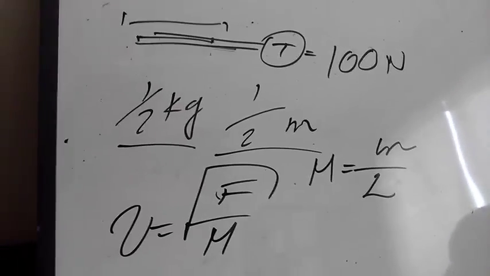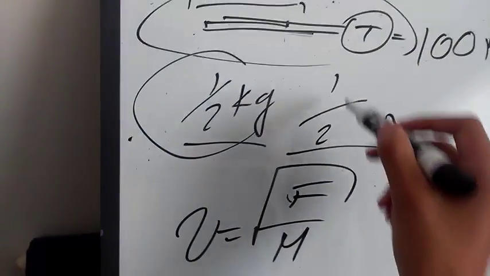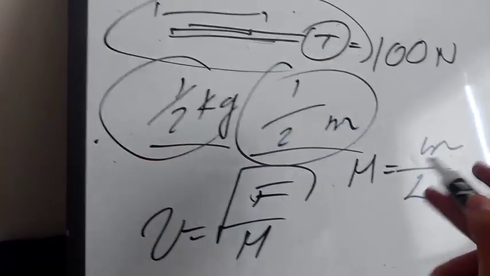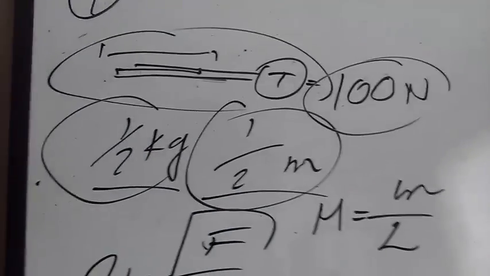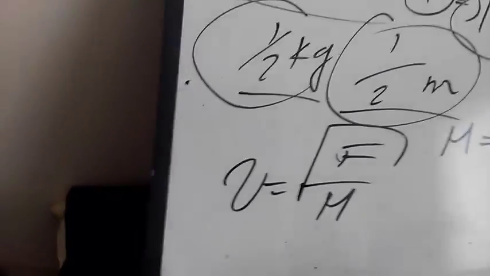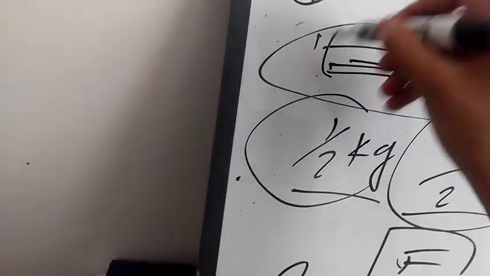On problem number 9, they are telling us about a wire that has this mass and this diameter, and they also tell us it has a tension force of 100 newtons. They ask us to calculate the velocity of a transverse wave that goes across the wire.